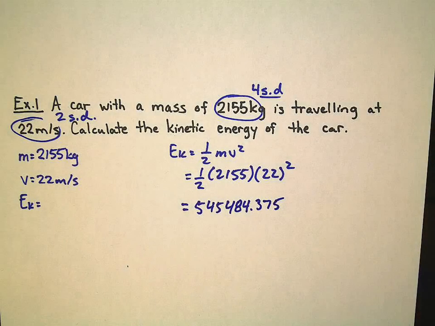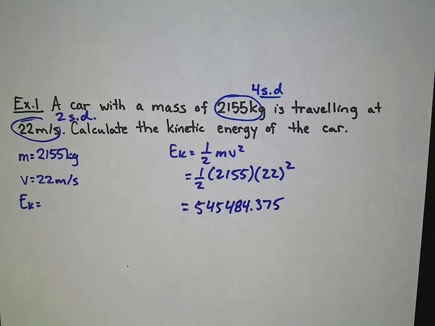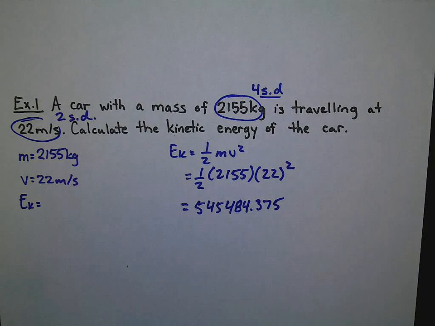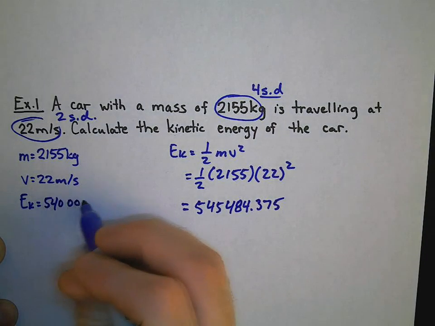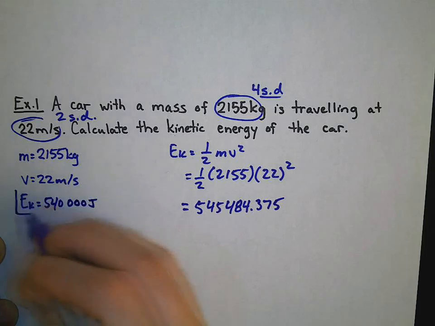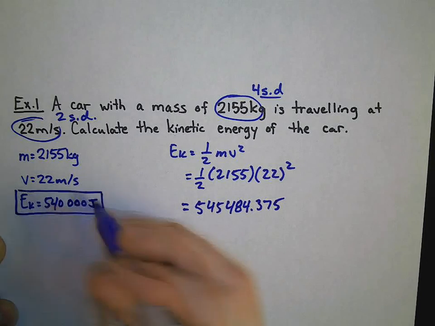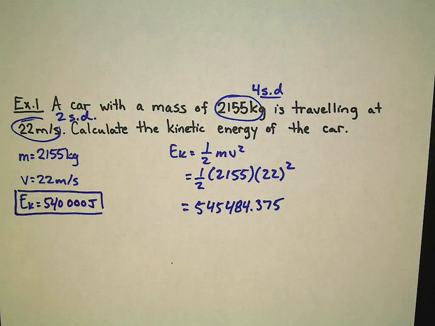Those are all of our digits in the answer. When I plug this into my calculator, my answer needs to have 2 significant digits. So therefore, 540,000 joules of energy exists on the car.